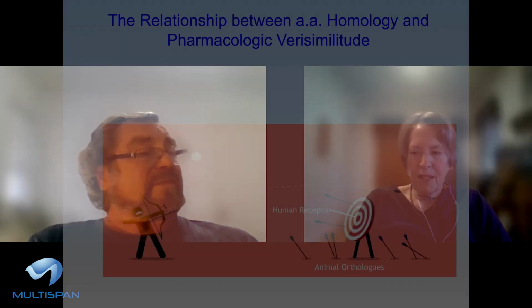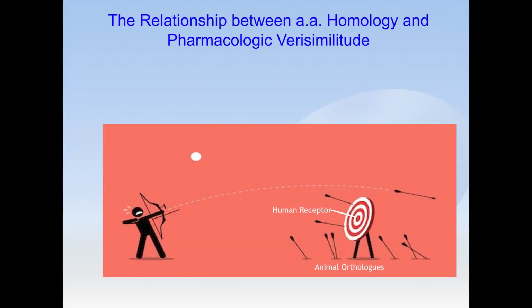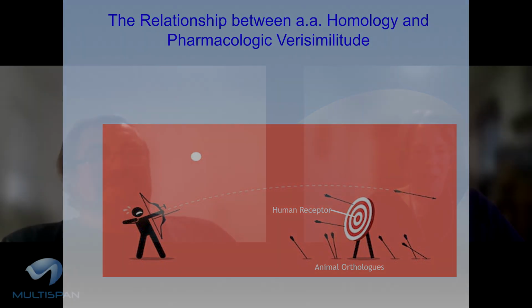So your next slide basically shows that you really have to do the testing. Exactly. You can use theory and predictions all you want, but there's never a certainty that the animal receptor effect will in fact be equal to the human receptor effect that you have.